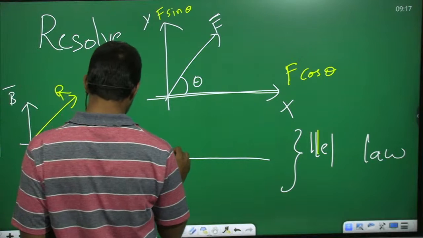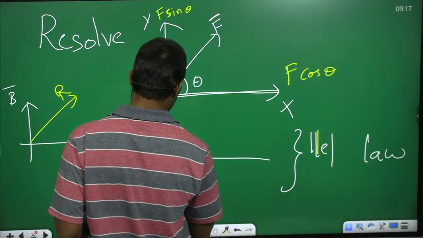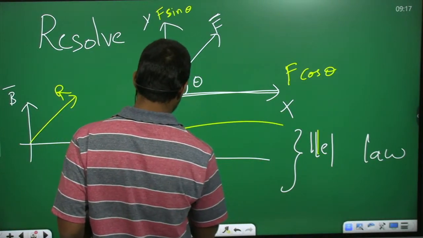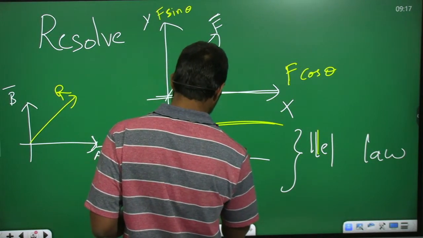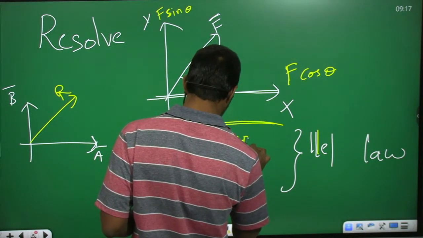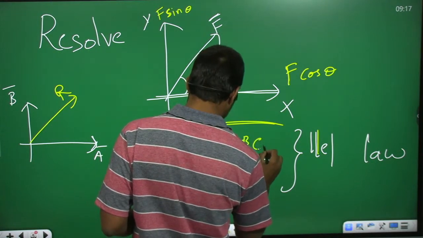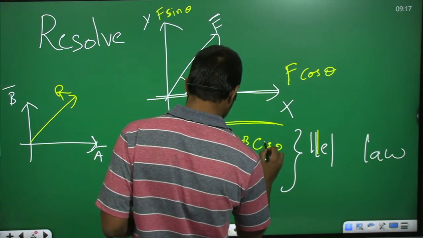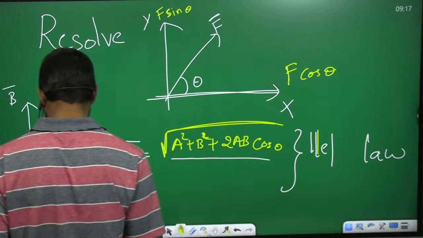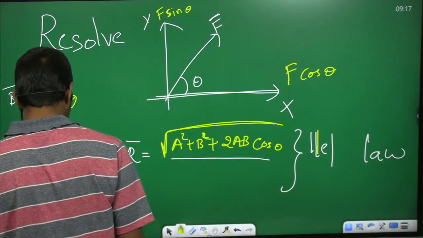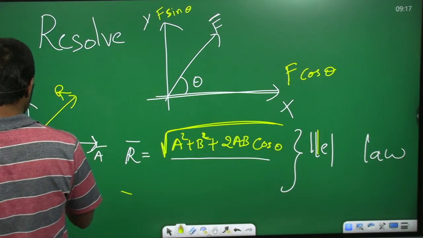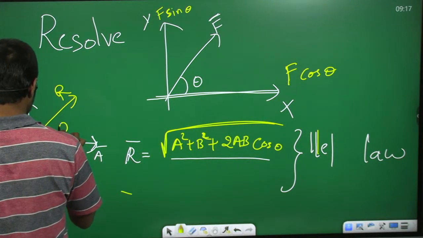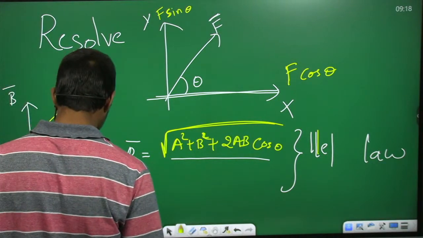So the resultant is equal to the square root of a square plus b square plus 2ab cos theta. Let us consider it makes an angle theta. So how do you write tan theta?